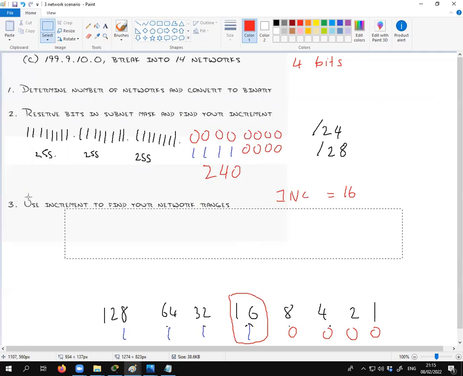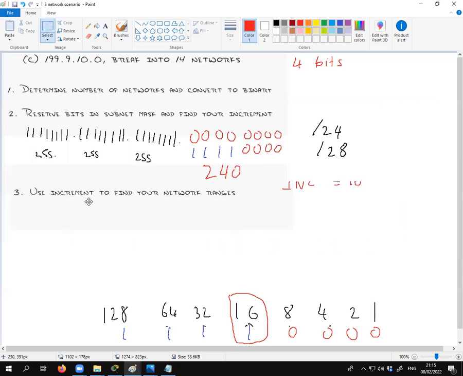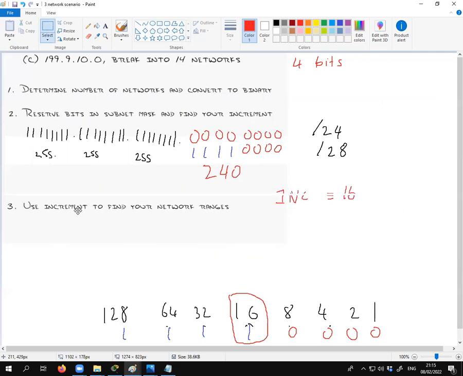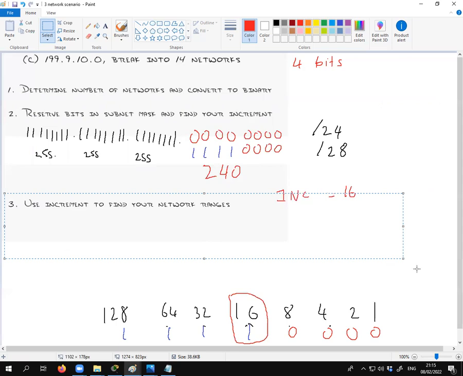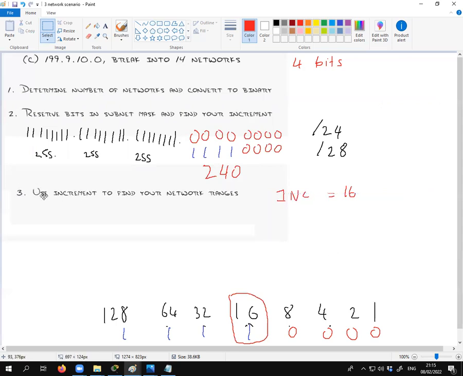So I'm only going to write a couple of the networks. I'm not going to do many of them. So network number 1, say blue.